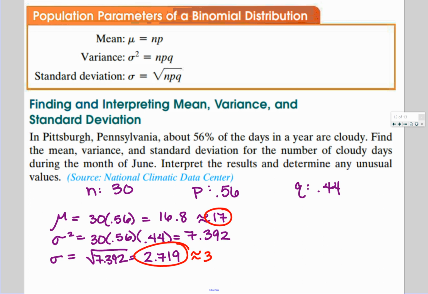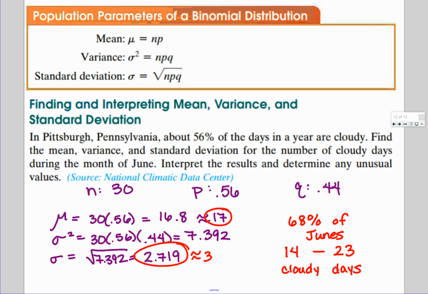You could say that 68% of Junes will have between 14 and 20 cloudy days. So I took that mean and I went one standard deviation to the left, one standard deviation to the right. So I added 3 in each direction approximately, and that's where about 68% of my data is going to fall, or 68% of the Junes that we're looking at.